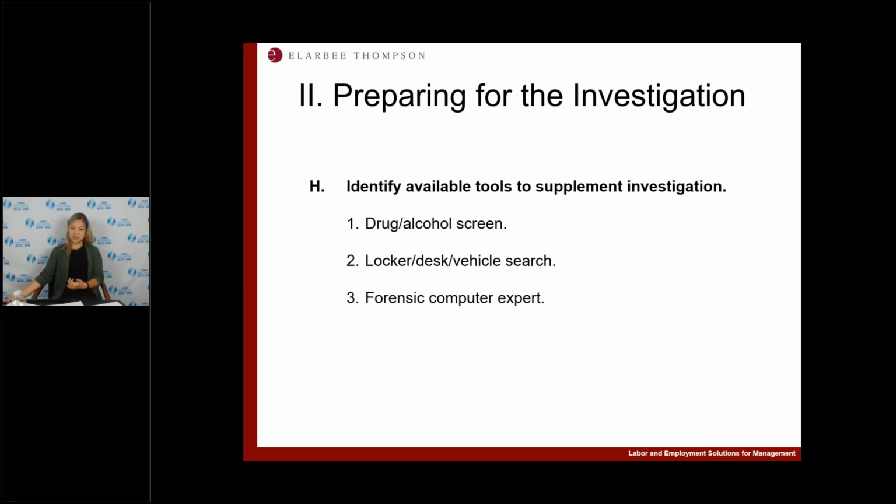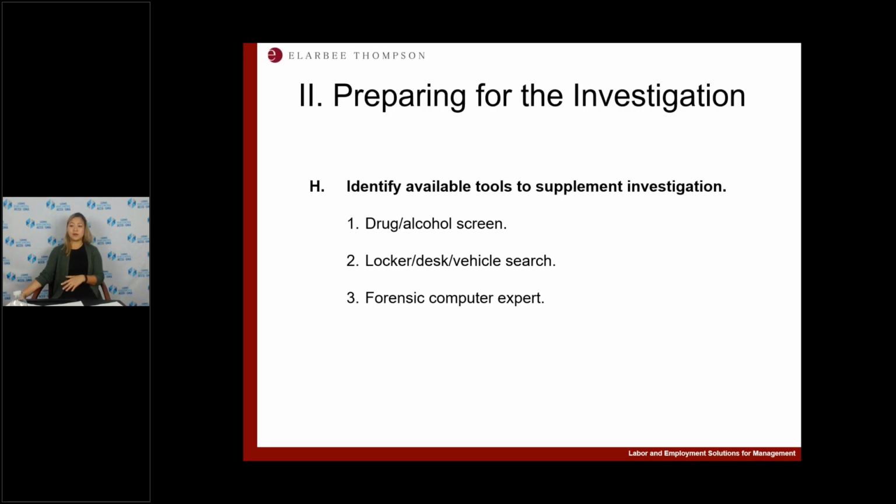A drug or alcohol test, if someone is alleging that someone is under the influence on the job, certainly that could be appropriate. Search of a locker, a desk, and a vehicle. With that, you do want to consider privacy concerns.